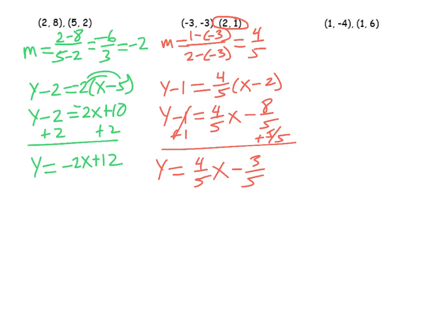Now, one thing I may show you at some point here, if you were to put your answer in general form, which I don't really care if you do or not, you'd have to get rid of fractions. So this is just kind of a piece that I'll throw out. I'm not going to show you an example, at least right now, but I'll get it out there. If you were to ever put an equation in general form, you have to take out the fractions, okay? Which typically means there's some constant the number needs to get multiplied by. Sometimes it's a little more obvious than others, but here you'd have to multiply everything by 5, right?